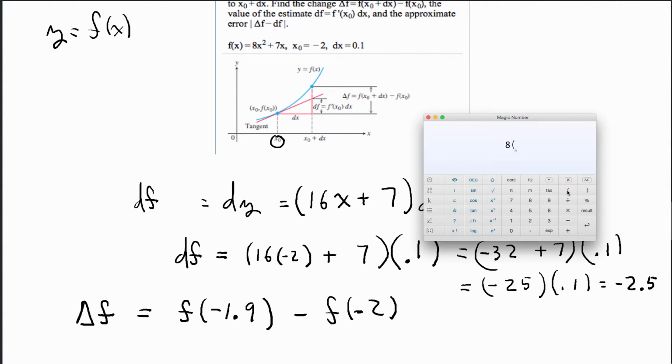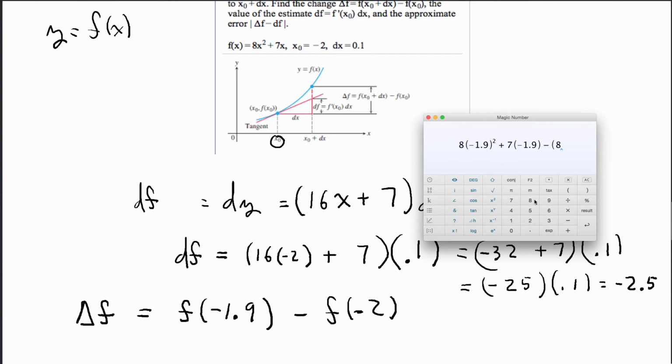So I'm going to take that times, so what am I doing here? I have a negative 1.9, and then I'm going to be squaring that, and then I'm going to be adding, what am I adding to that? So now I'm evaluating the function at negative 1.9. So 7 times negative 1.9. And then I'm going to be subtracting what I get when I evaluate at negative 2.